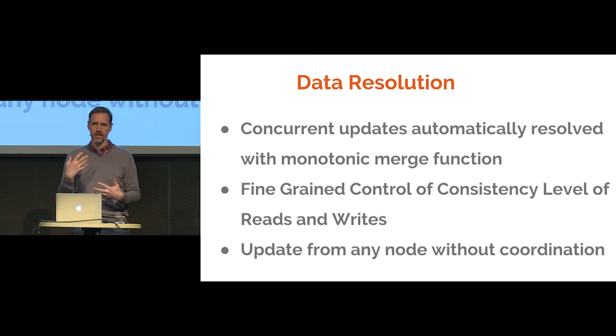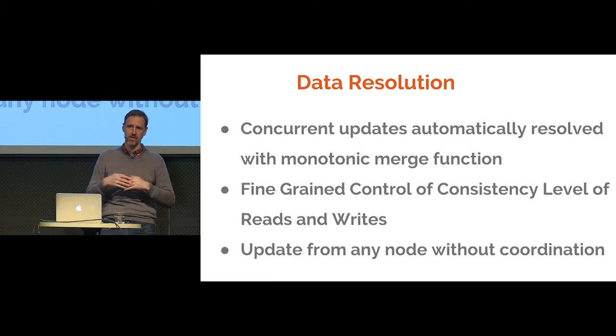What makes Akka Distributed Data so powerful is the data resolution mechanism. I have a cluster of nodes, and I want to disseminate information across that cluster. What I can do is a concurrent update across all of those nodes, and not worry about forcing a locking mechanism on them.